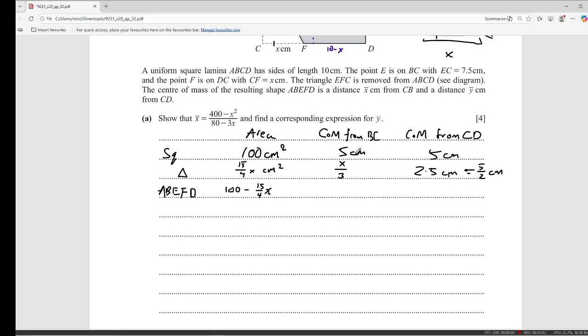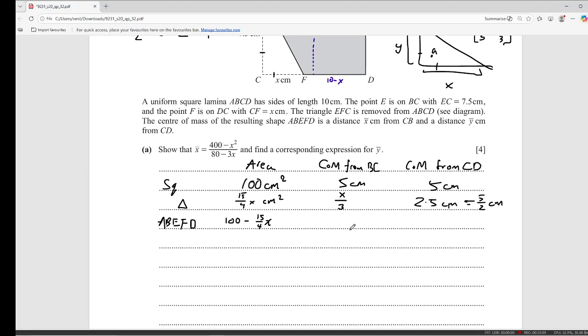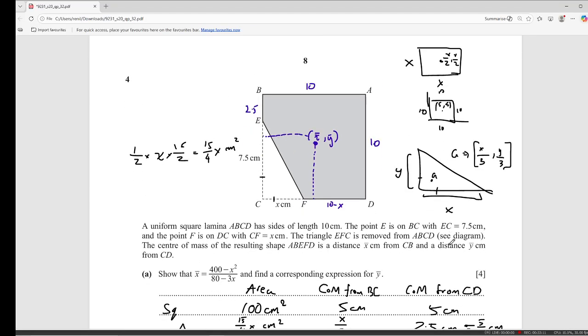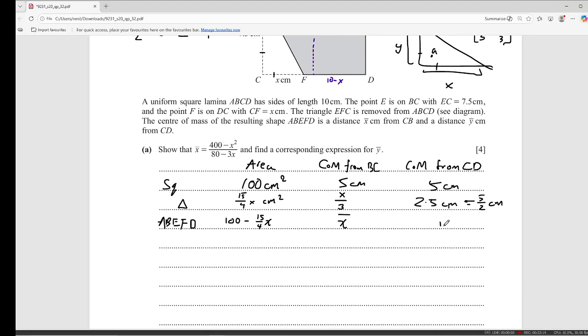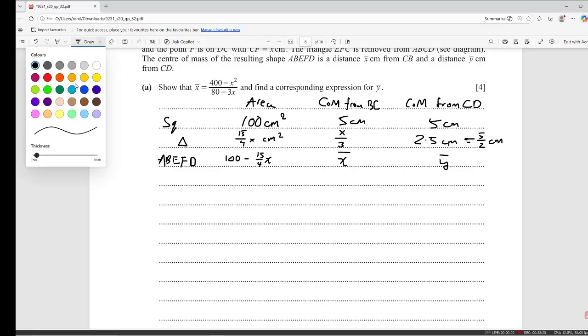And the center of mass from BC of the entire shape ABEFD is x mean, which is what we're trying to find out. And the center of mass from CD, or DC, whatever, is going to be called y mean. Now to find this, it is very simple. We have to use the principle of moments.